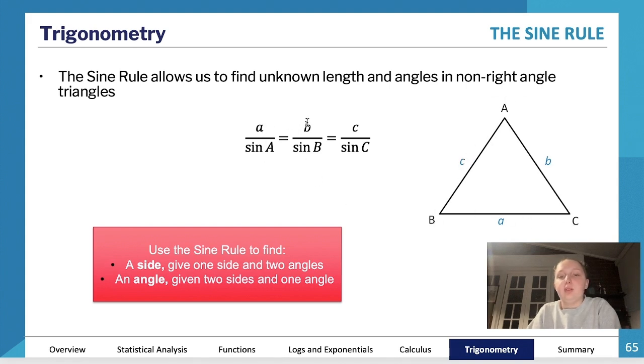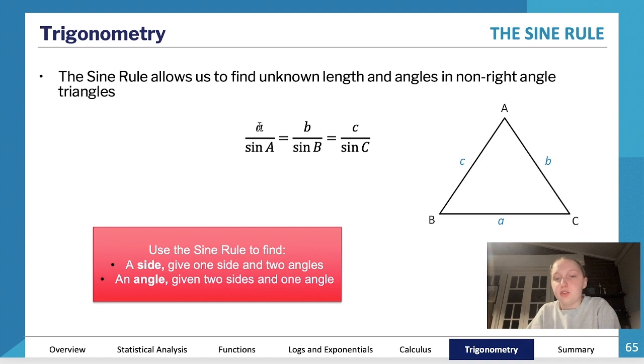We're just saying that all of these have the exact same ratio in non-right angle triangles. So you use the sine rule to find a side if you're given one side and two angles, or to find an angle if you've been given two sides and one angle.